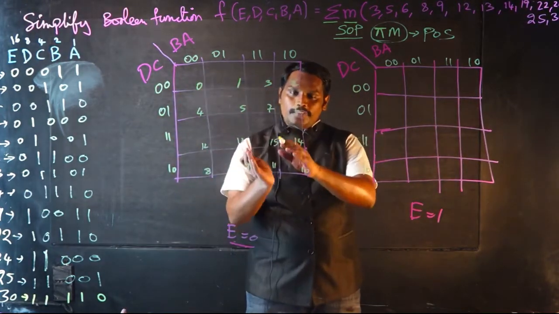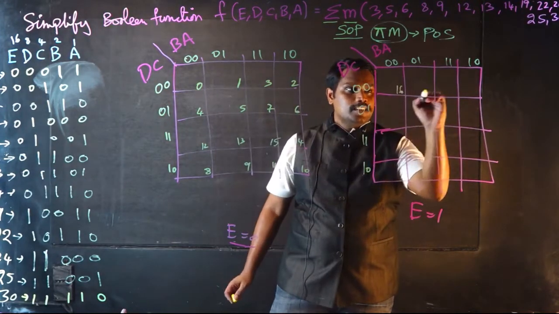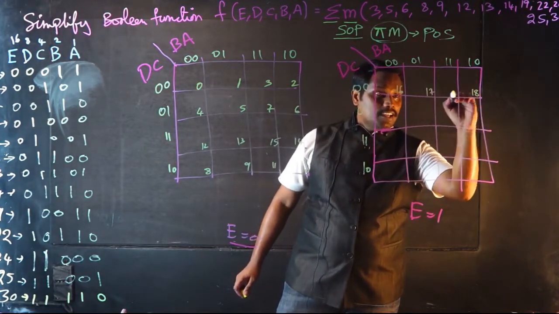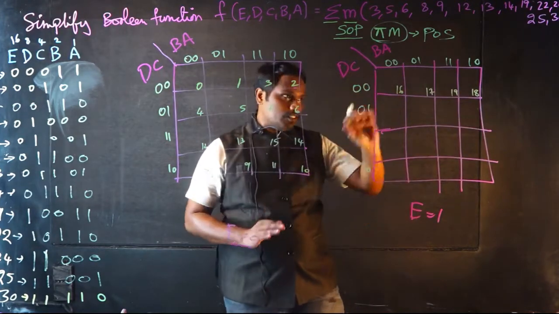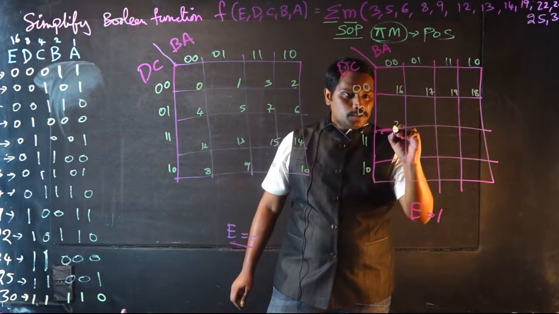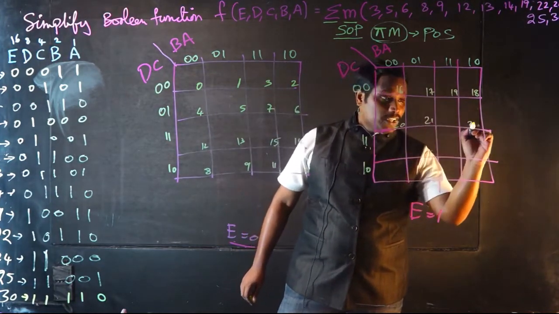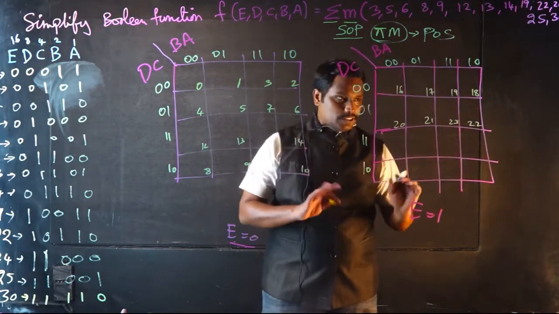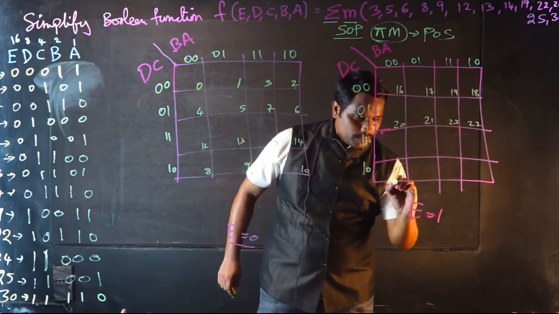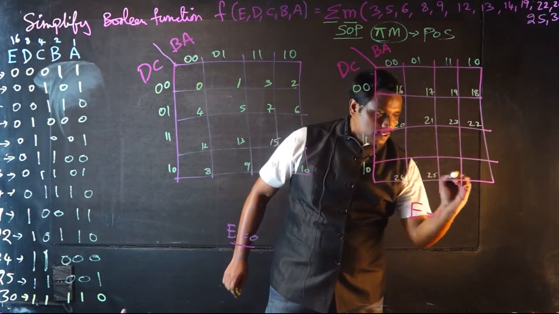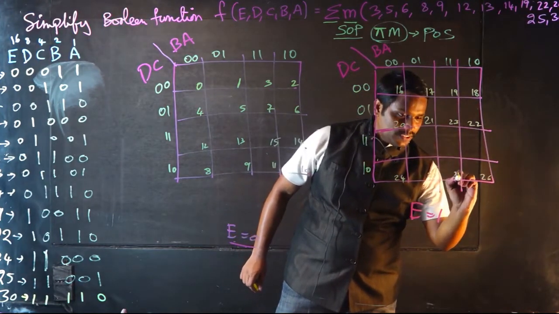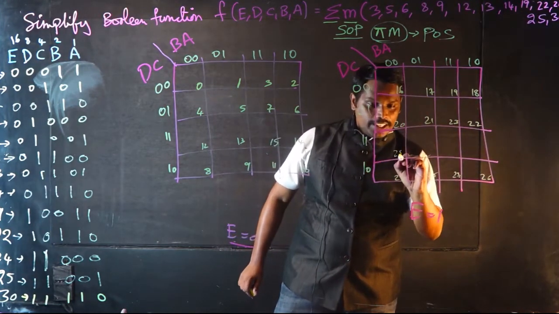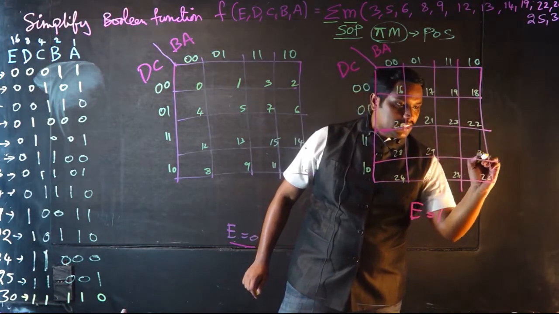After 15, you plot 16 here, 17, 18, and 19. Hope this is clear. Then 20, 21, 22, 23. Coming down, after 23 comes 24, 25, 26, 27, and then 28, 29, 30, and 31.